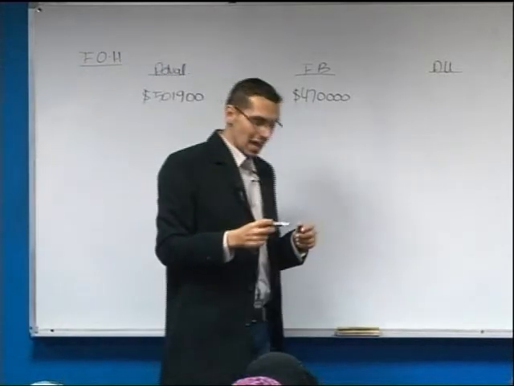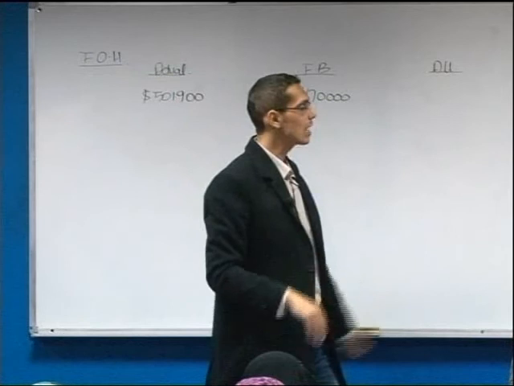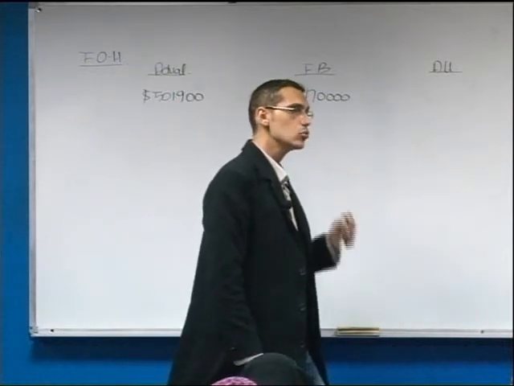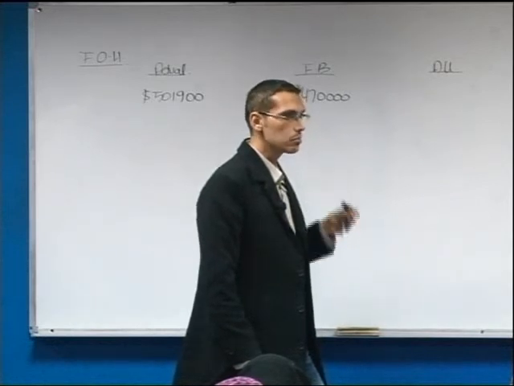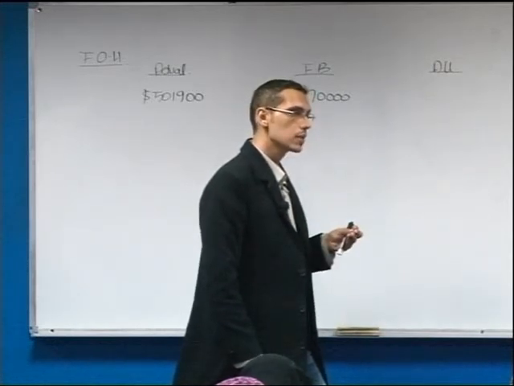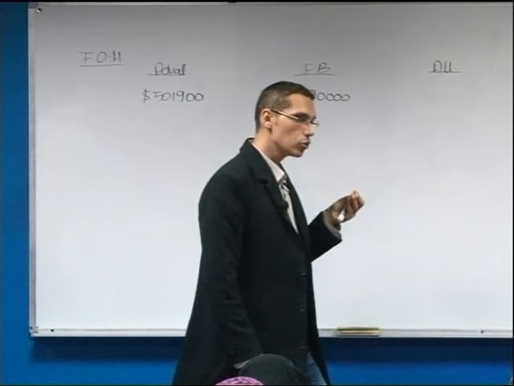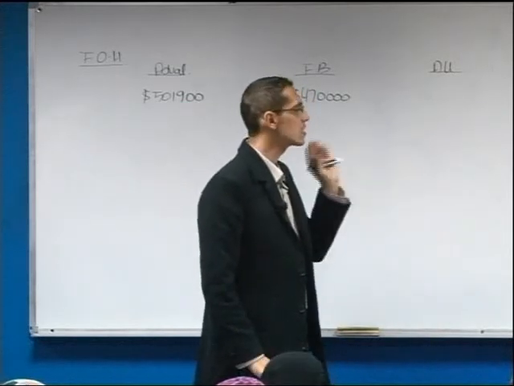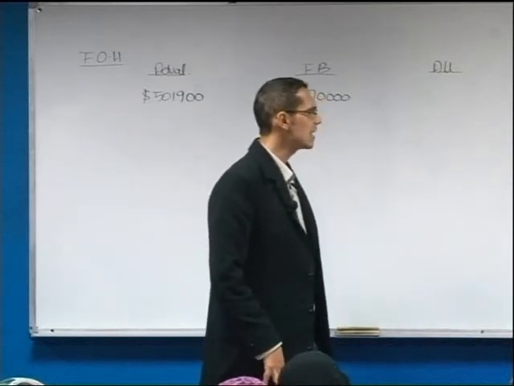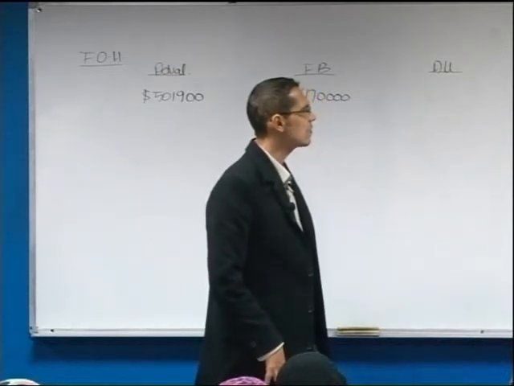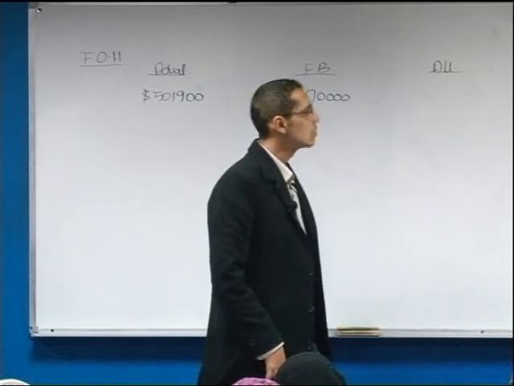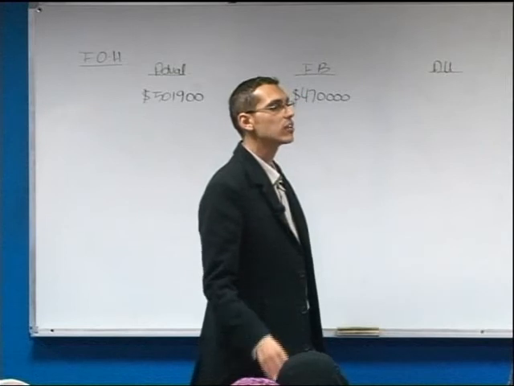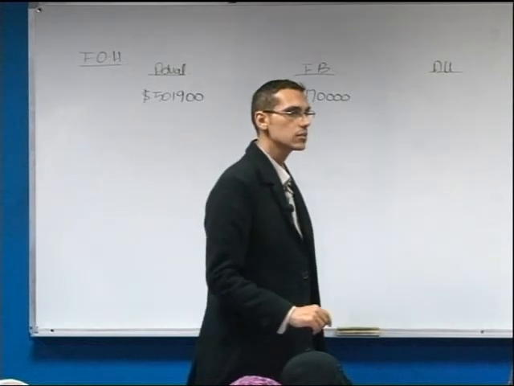Now let us consider the allocated amount. The allocated amount should be calculated using the standard machine hours for the actual output multiplied by the standard rate for the fixed manufacturing overhead. Did they give us the standard rate for the fixed manufacturing overhead? No. Therefore, we need to calculate the fixed manufacturing overhead rate, or allocation rate.